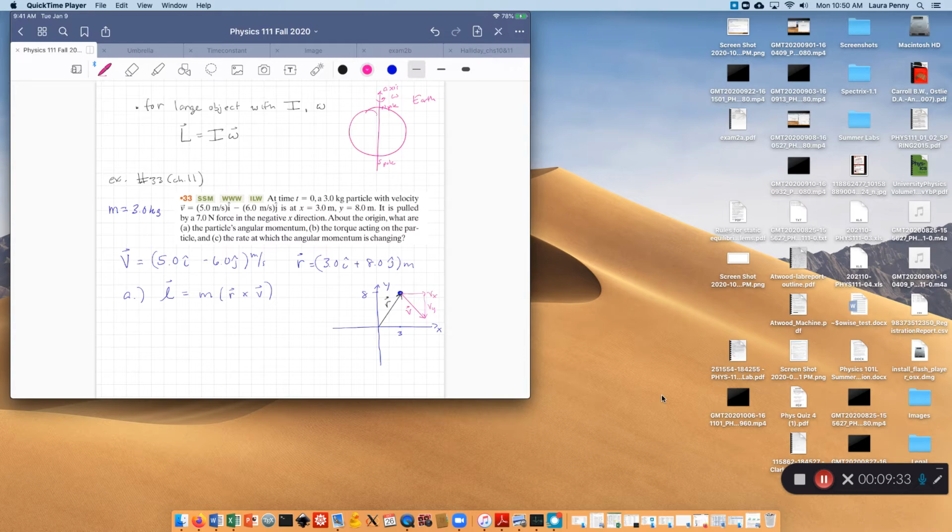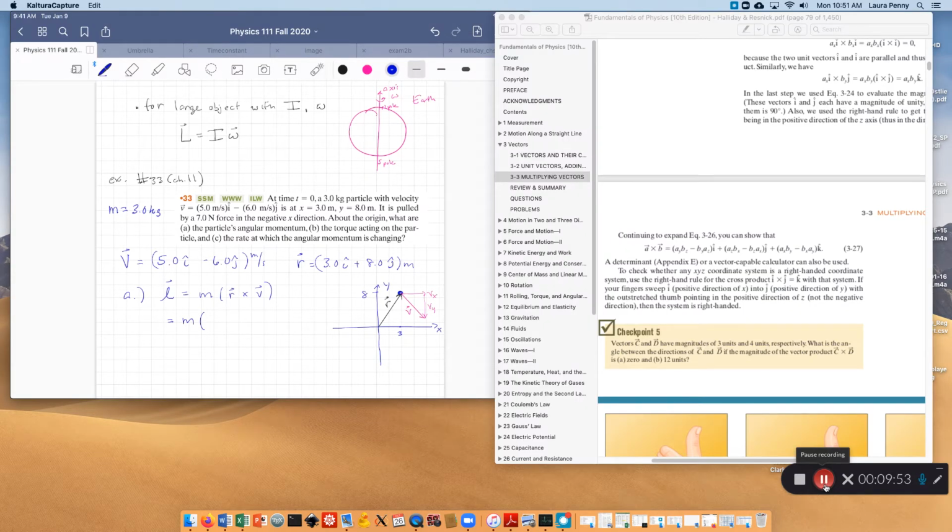But we can just use our rules for cross products. So we'll leave the mass. For the rules for cross products, if you only have I and J, let's pause for just a second. All right, this is all the way back to chapter 3. So here's A cross B. All the z components are 0 here, right?